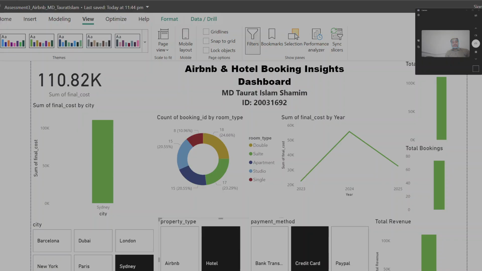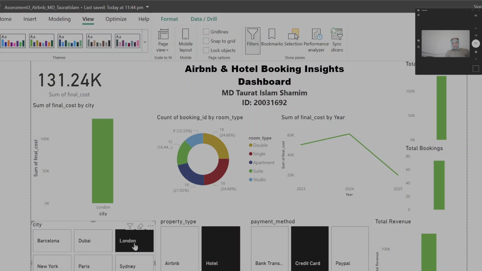Interactivity with slicers. One of the best parts of Power BI is the interactivity. For example, if I click on London in the city slicer, all the charts change to show only London's data, the revenue, the room type, and even the yearly trend.